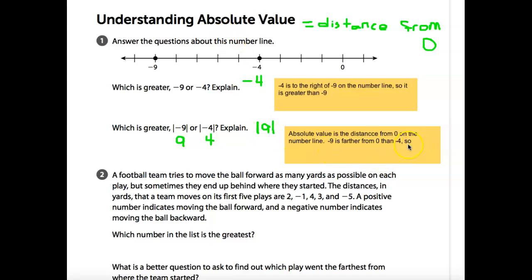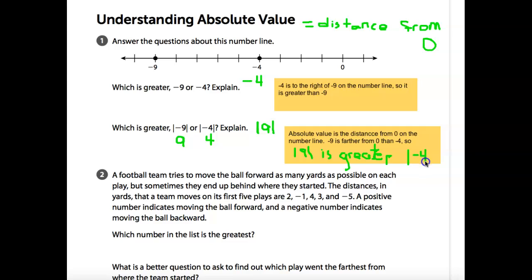So the absolute value of -9, those bars, and that's supposed to be a straight bar, is greater than the absolute value of -4.